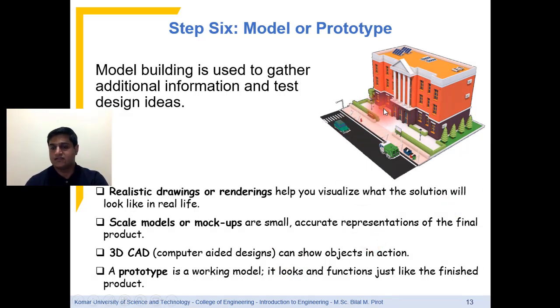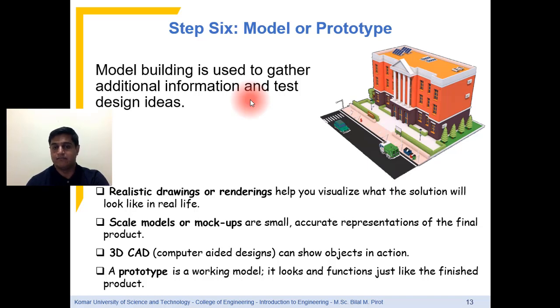This is also valid for projects related to computers, for example designing a program, designing an application, or projects related to petroleum engineering or electrical engineering. So all departments of engineering are focused on designing something based on the model.